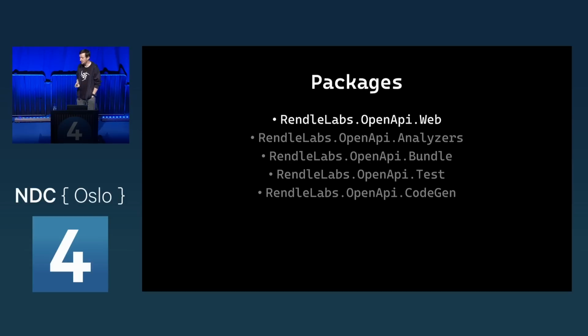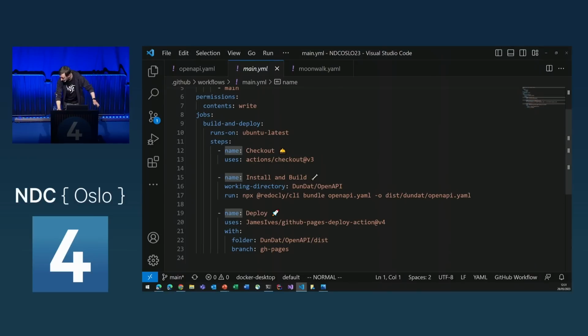And so OpenAPI.web lets you embed that as a static resource, and then it will serve it out. It will also serve the SwaggerUI HTML and JavaScript and CSS. It will also serve either Redoc or Elements, or both, if you want both. I'll show you how that looks in the startup code for this project.